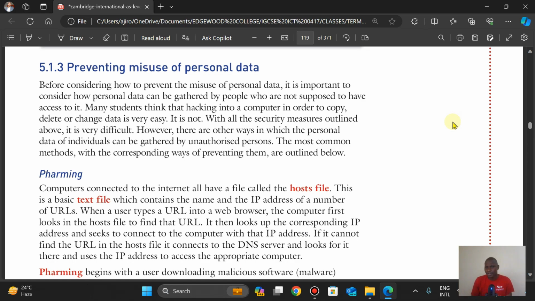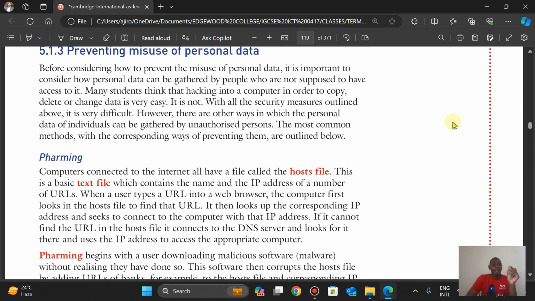When the user types a URL into a web browser, the computer first looks into the host file to find that URL. It then looks up the corresponding IP address and seeks to connect to the computer with that IP address. If it cannot find the IP address in the host file, it connects to the DNS server and looks for it.